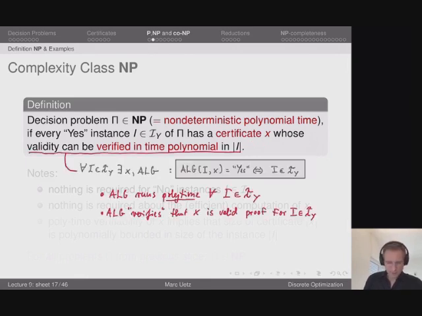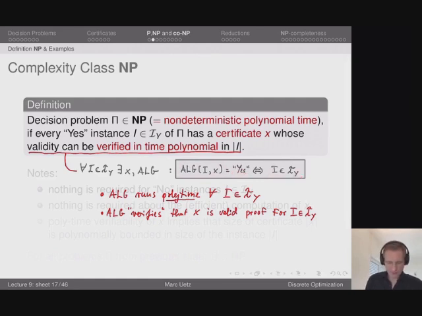So let me be a bit more precise. What does it mean to verify a certificate in polynomial time? It means that for all yes instances, we have the certificate X and an algorithm, such that the algorithm, given the instance and the certificate, returns yes if and only if the instance indeed was a yes instance.